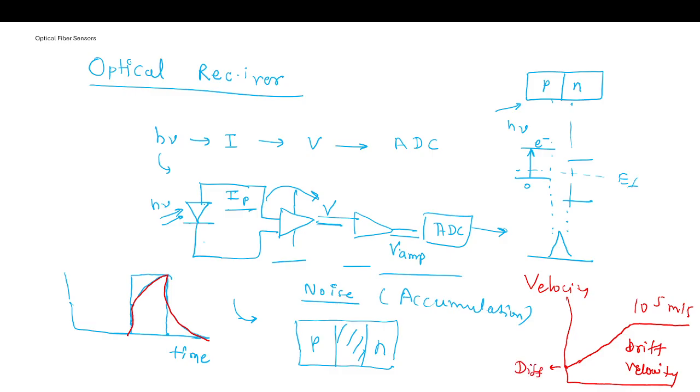Now if you see the 3 dB response, it depends on the response at lower frequency. What could be the parameters for that?